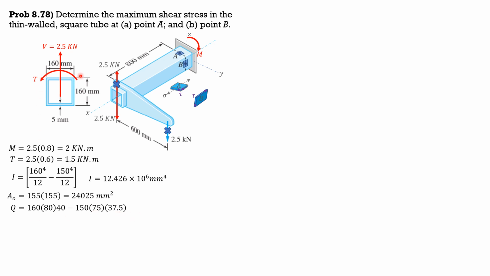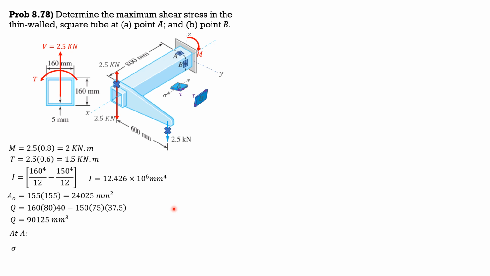So Q is 80 times 40 minus 75 times 37.5, which is 90,125 mm cubed.